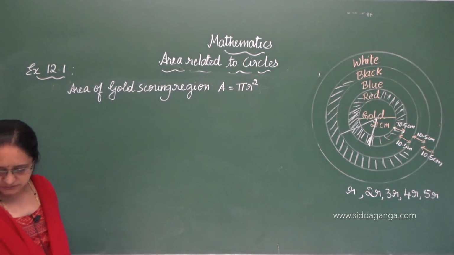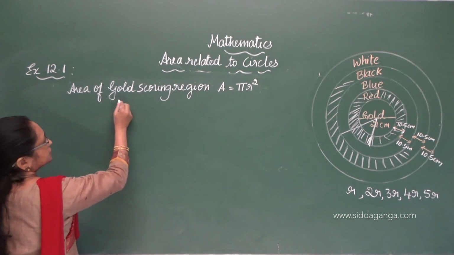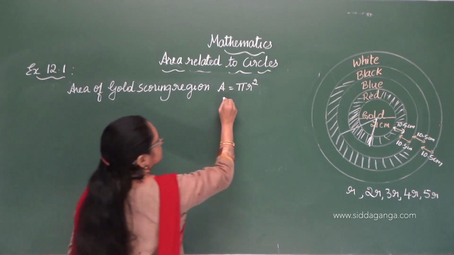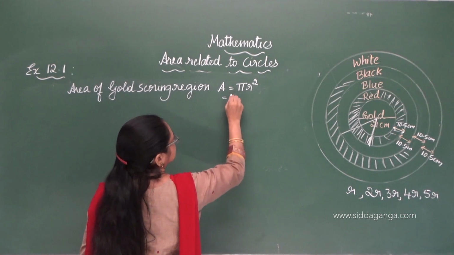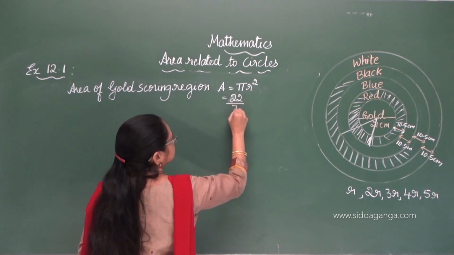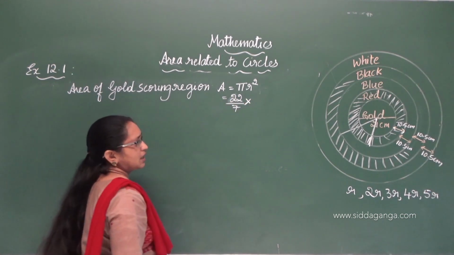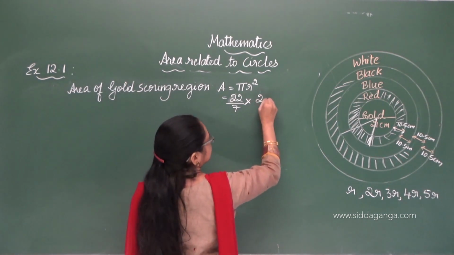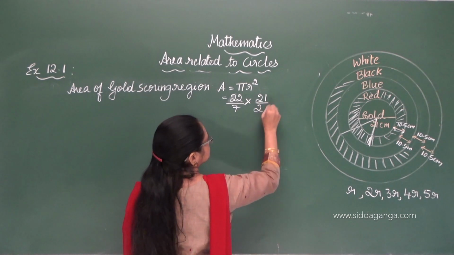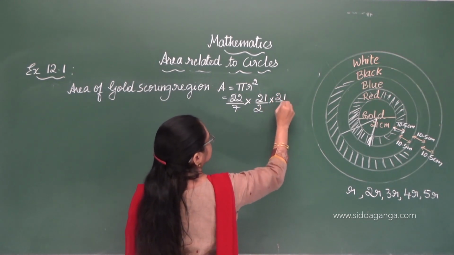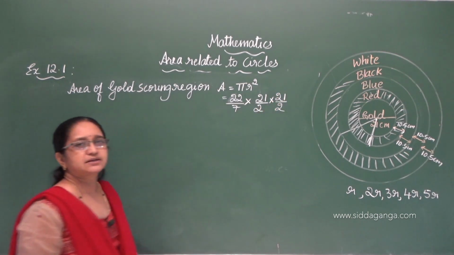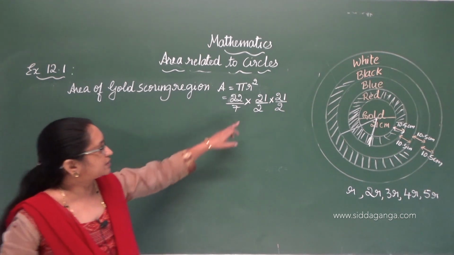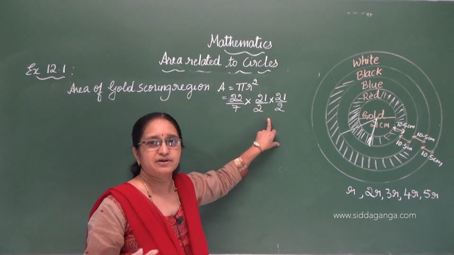Now here I will write pi, that is 22 by 7, and r is how much? 10.5, or shall I write it as 21 by 2? 21 by 2, correct? To make the calculation simpler, I have taken 21 by 2 instead of 10.5.